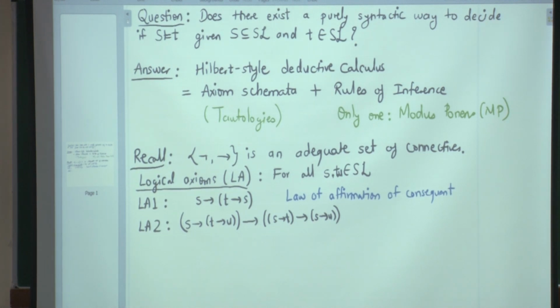It's called self-distributive law of implication. Okay, so S implies (T implies U) implies ((S implies T) implies (S implies U)). So S, T and U are arbitrary.